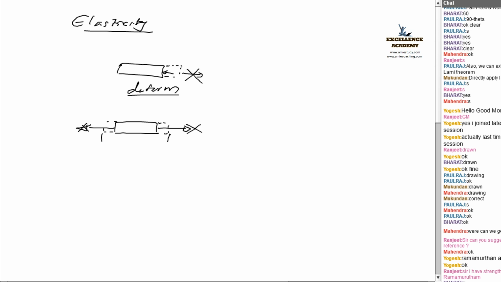And whenever I release this force, it will regain its original shape. That is called elasticity. But this can be attained only if we give that force within the elastic limit. If you exceed the elastic limit of the material, it will not regain its original shape. That we call plastic deformation.